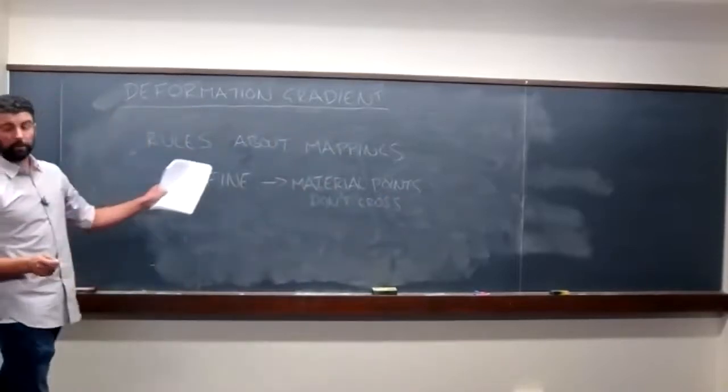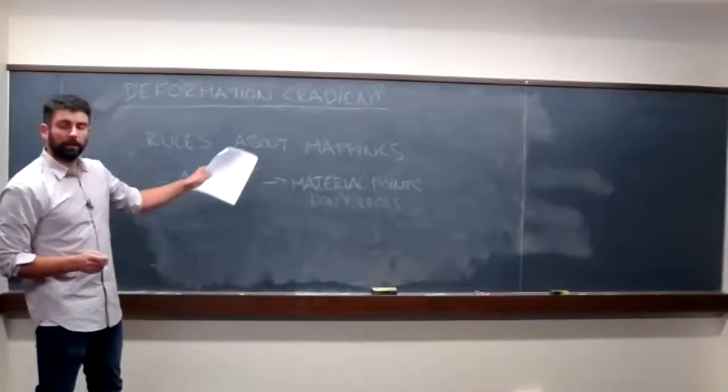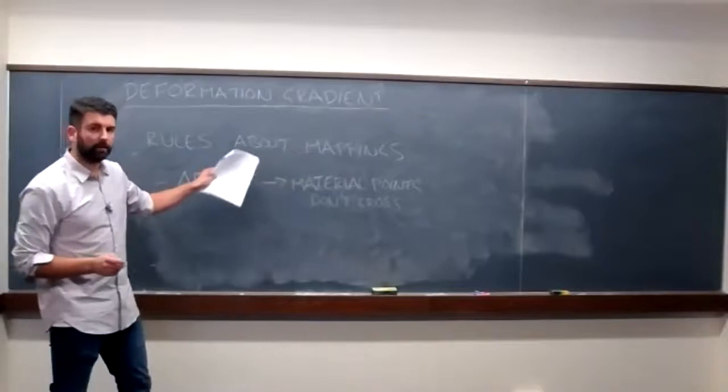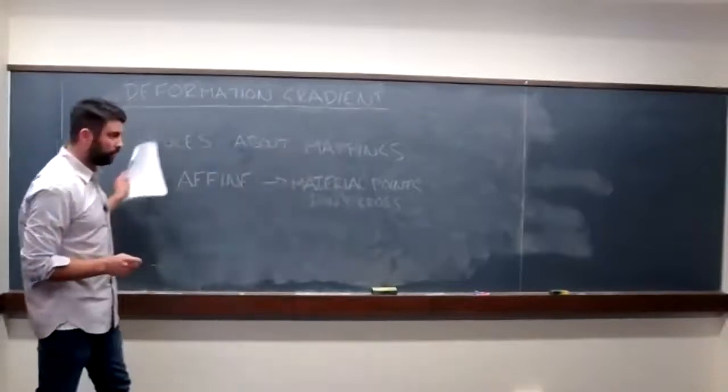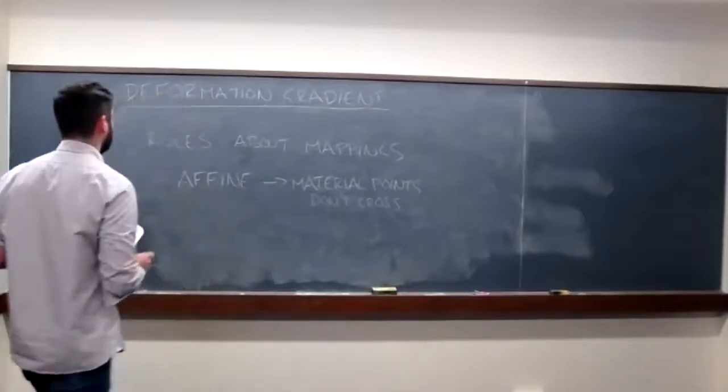Now you can imagine that you have a problem in fluid dynamics when you're looking at fluids because those material points cross all the time. So you can't come up with a nice mapping from the reference to the current position, material point positions.